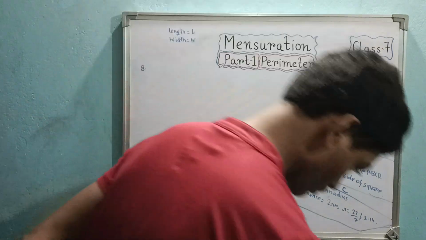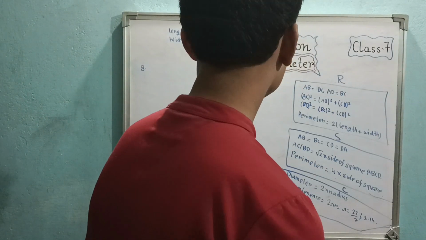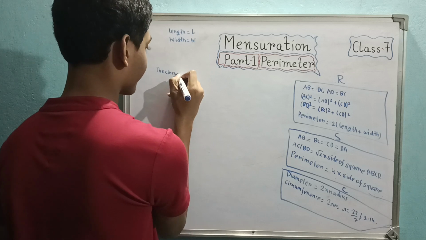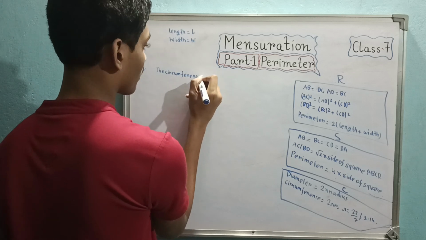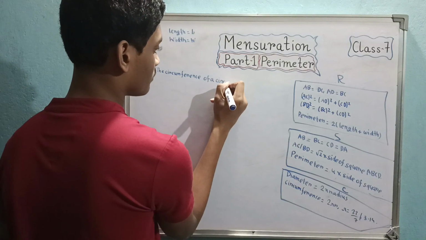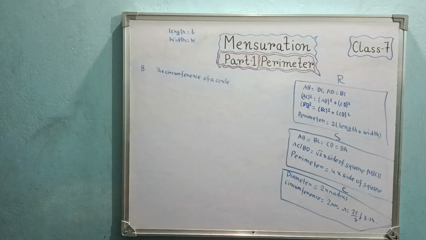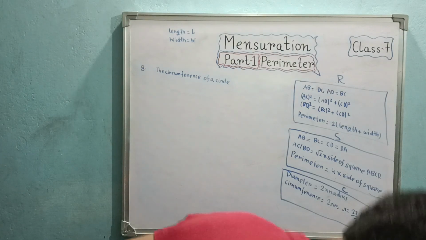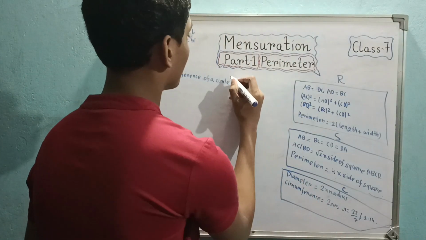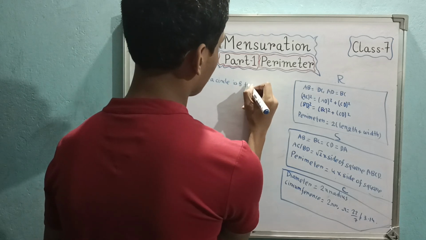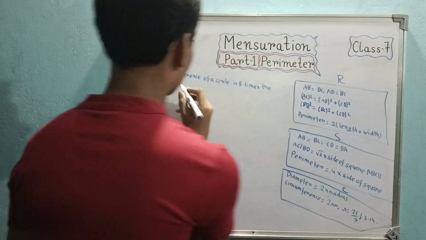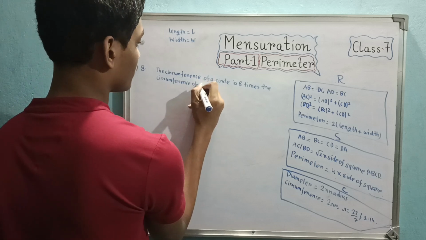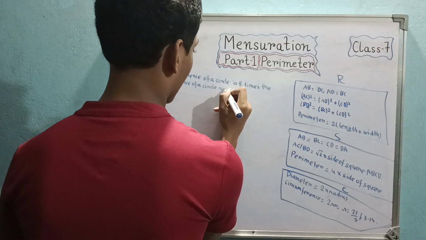Question 8. The circumference of a circle is 8 times the circumference of the circle with a radius of 12 centimeter.